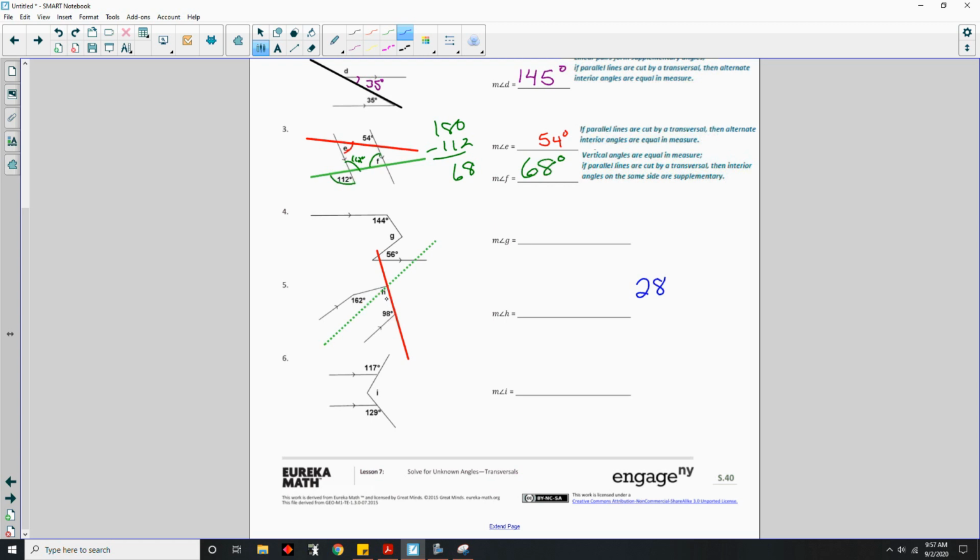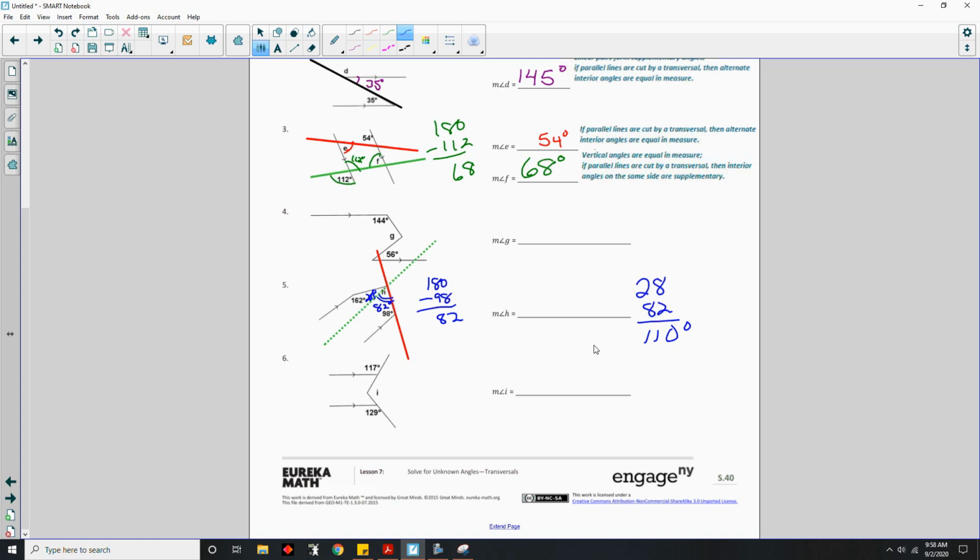So these are same side interior, so they are supplementary because one's obtuse and one is acute. So 180 minus 98 is 10 minus 8 is 2, and 17 minus 9 is 8. So then we take the two angles, they add up to the whole thing. So this was 28 degrees. This piece was 82 degrees. So therefore the whole thing is 110 degrees.